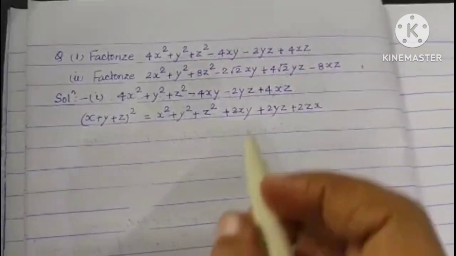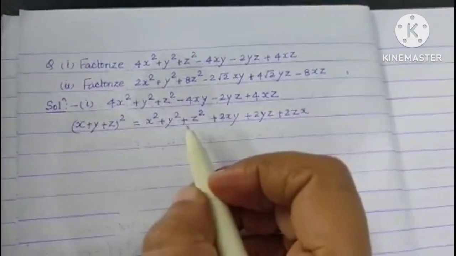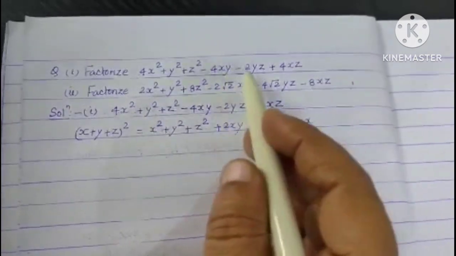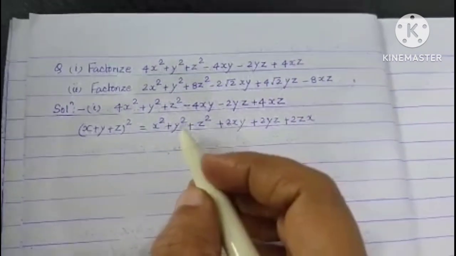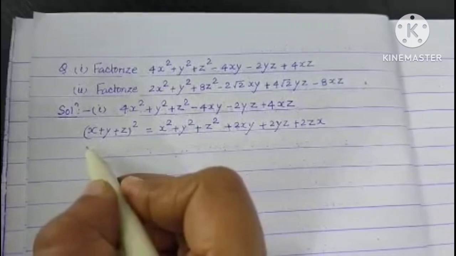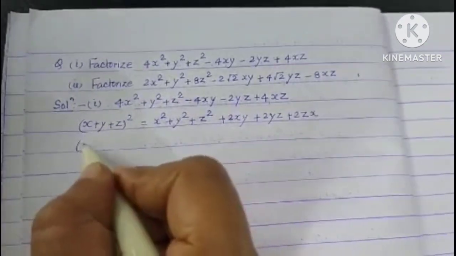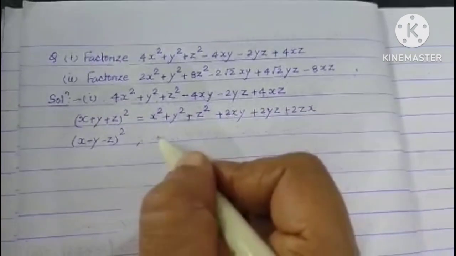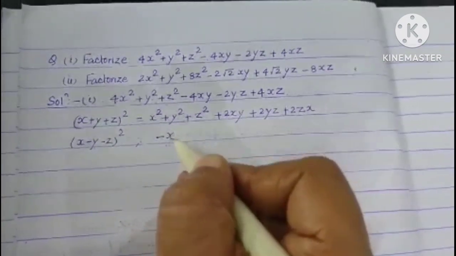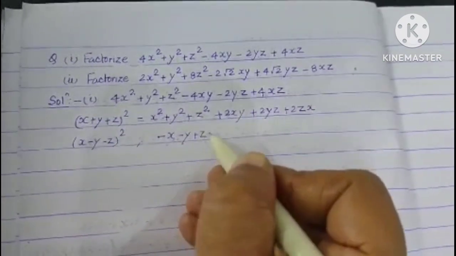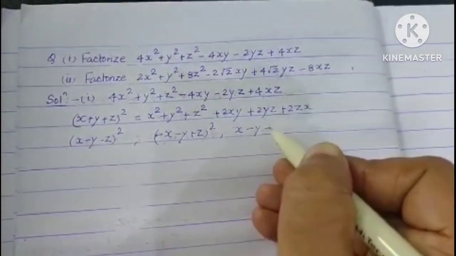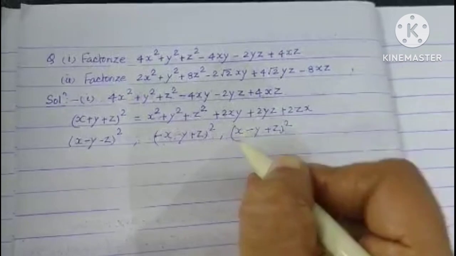Okay. Now the difference is this minus minus and plus. So it's better if you remember the formulae like (x minus y minus z) whole square, like (minus x minus y plus z) whole square, or (x minus y plus z) whole square.